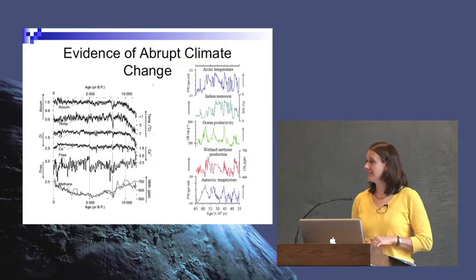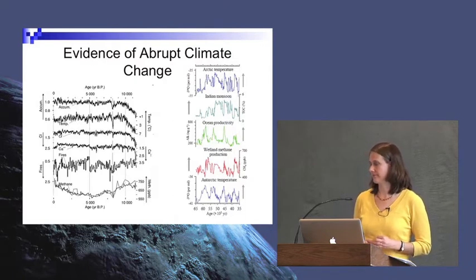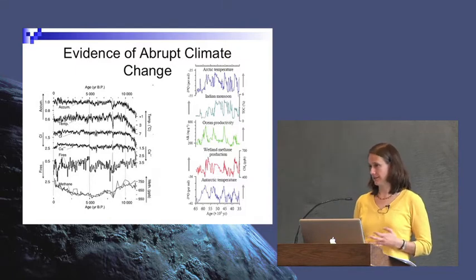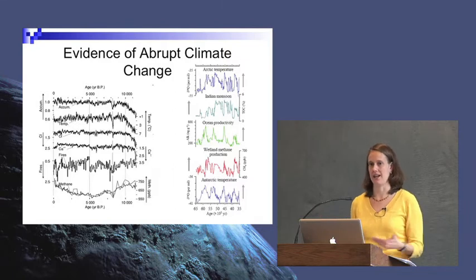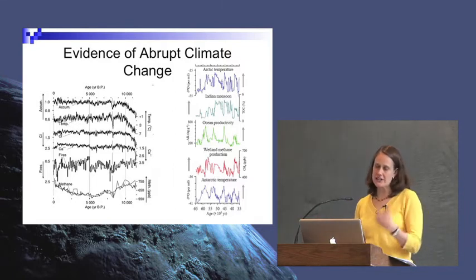So are scientists putting each of these different proxies together to tell the story, or looking at each one individually? Right. The question was, do they look at each one individually, or do they try to compile the data to create a larger picture? And the answer is both.